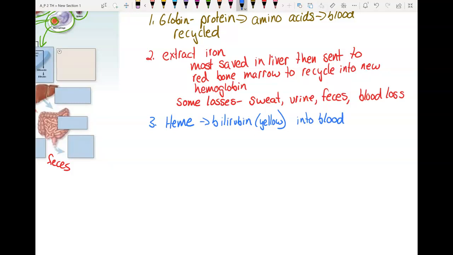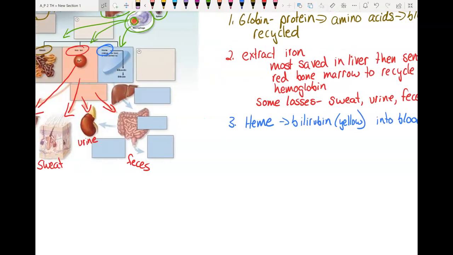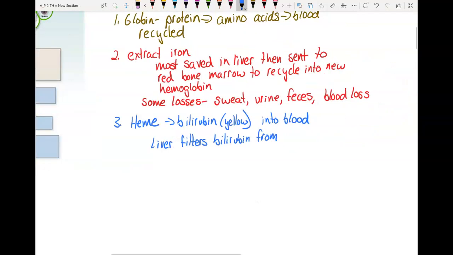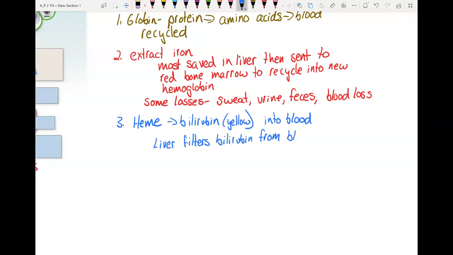Well, as it's flowing around in your blood, your liver filters it out. So you're going to have here the bilirubin goes into your blood, and then it goes to your liver. That's why jaundice is a disorder of the liver.